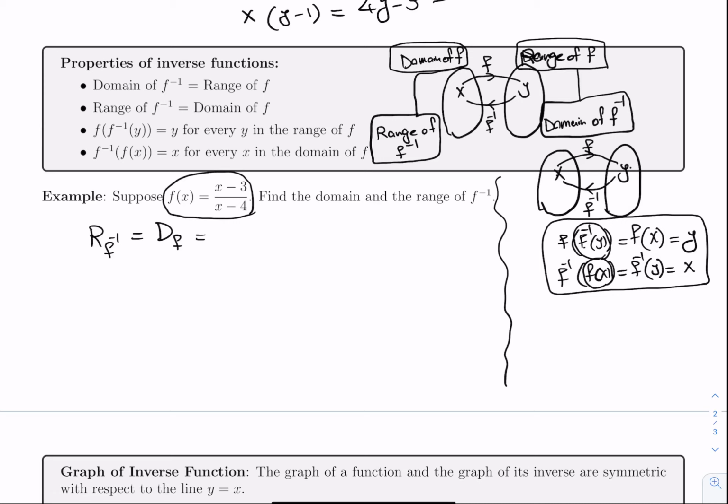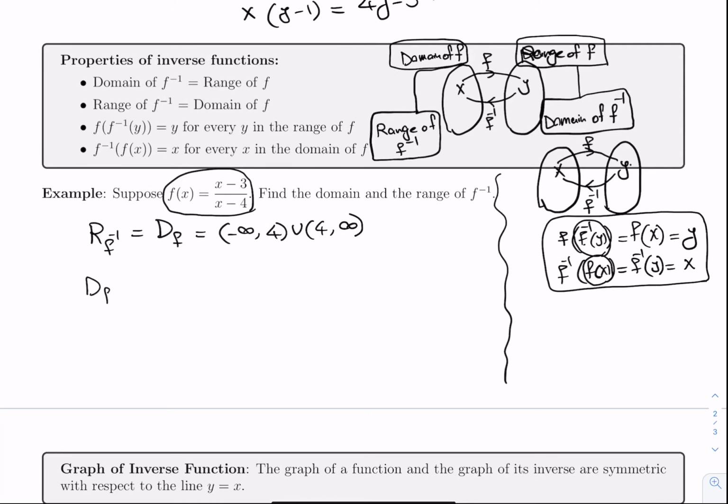Where is it defined? It's defined for everything but 4. So the domain of f is all real numbers excluding 4, and that also forms the range of f inverse.